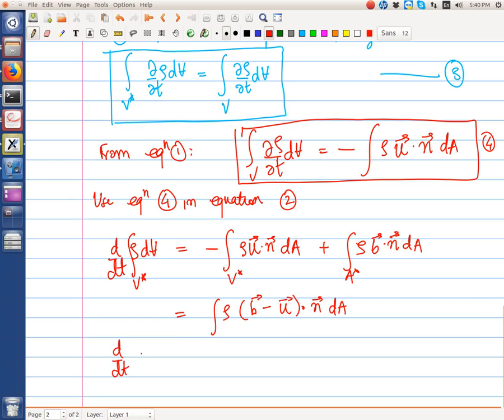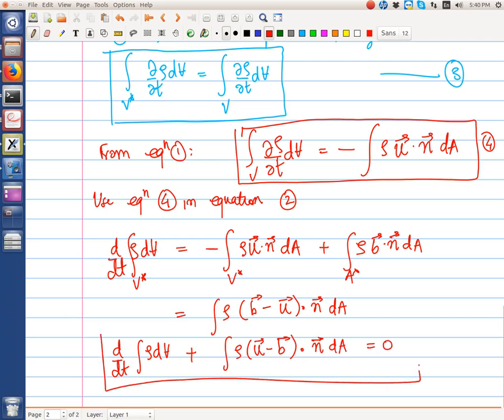Thus, the conservation of mass for a control volume moving with an arbitrary velocity b, where b need not be constant or uniform or anything, and need not move with the velocity of the fluid, is: integral rho (u minus b) dot n dA is equal to 0. This is the integral statement of the conservation of mass.